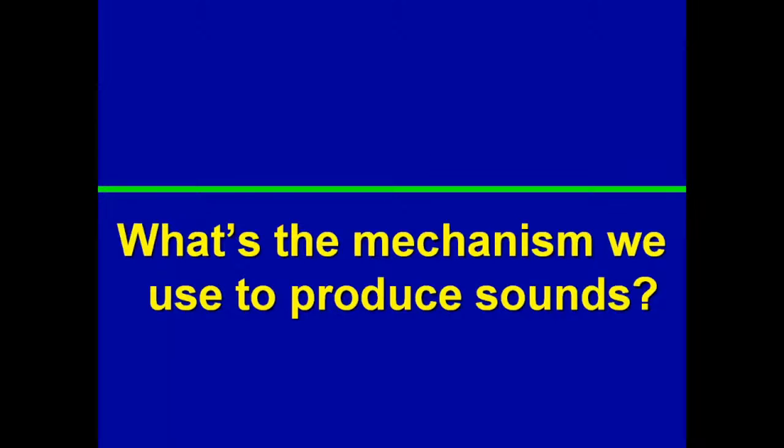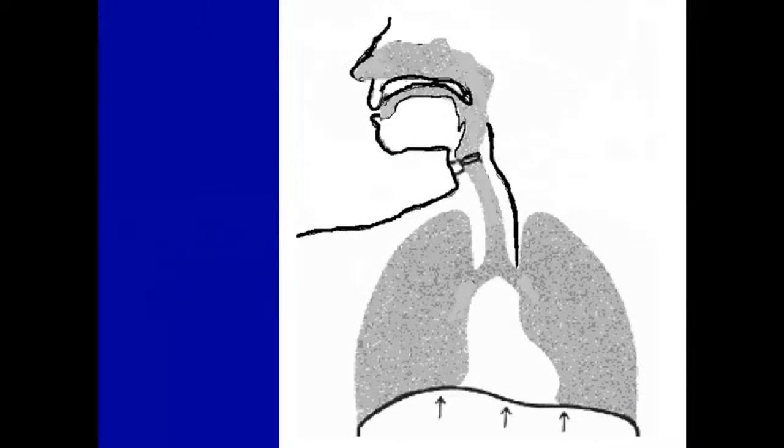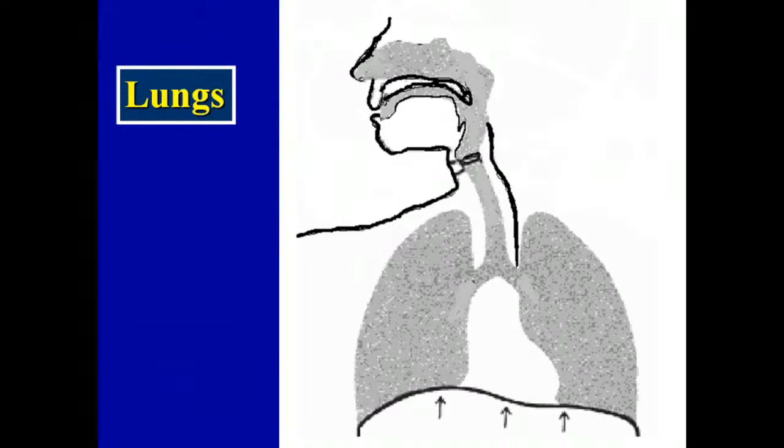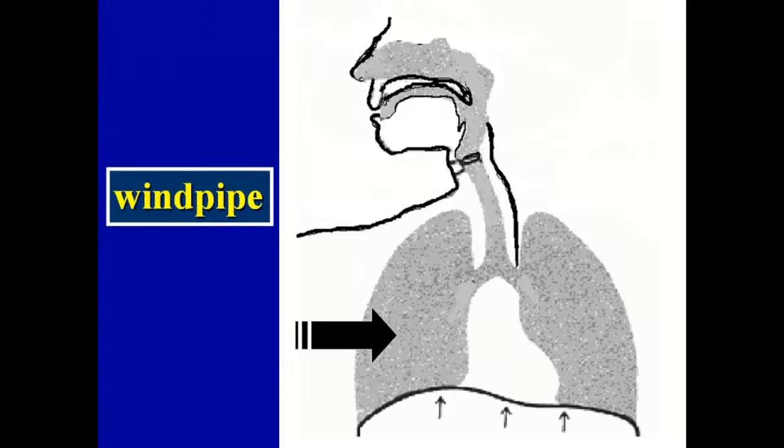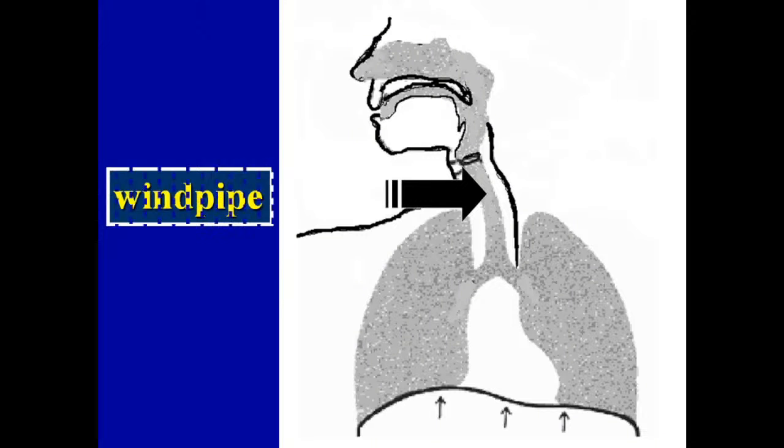Now, what's the mechanism we use to produce sounds? Of course, here we begin with different speech organs that are necessary in the production of different speech sounds. We begin first of all with the lungs. You see them here. And we have the windpipe. The arrow is pointing to the windpipe.